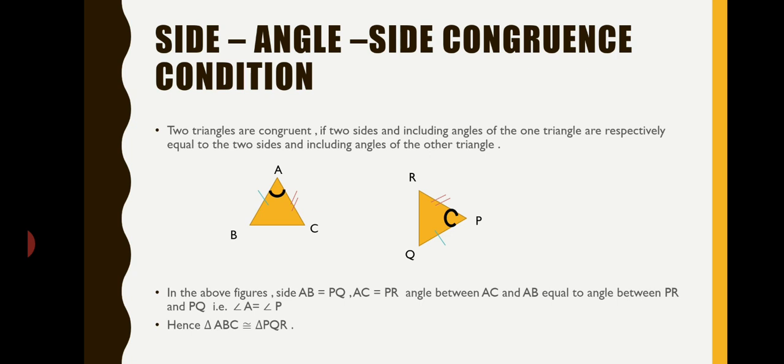That's why we give it the name side angle side: two sides and the angle between them. Angle A is equal to angle P. So we write that triangle ABC is congruent to triangle PQR.